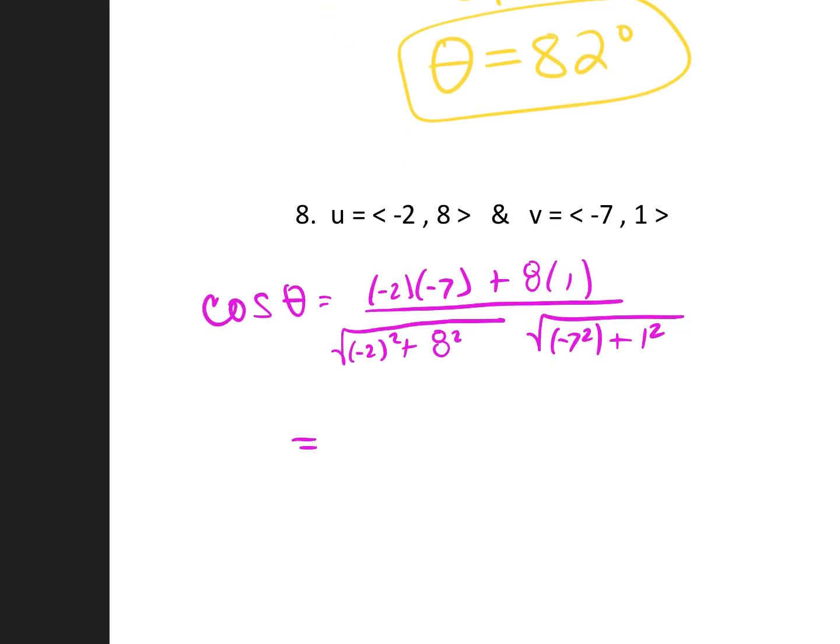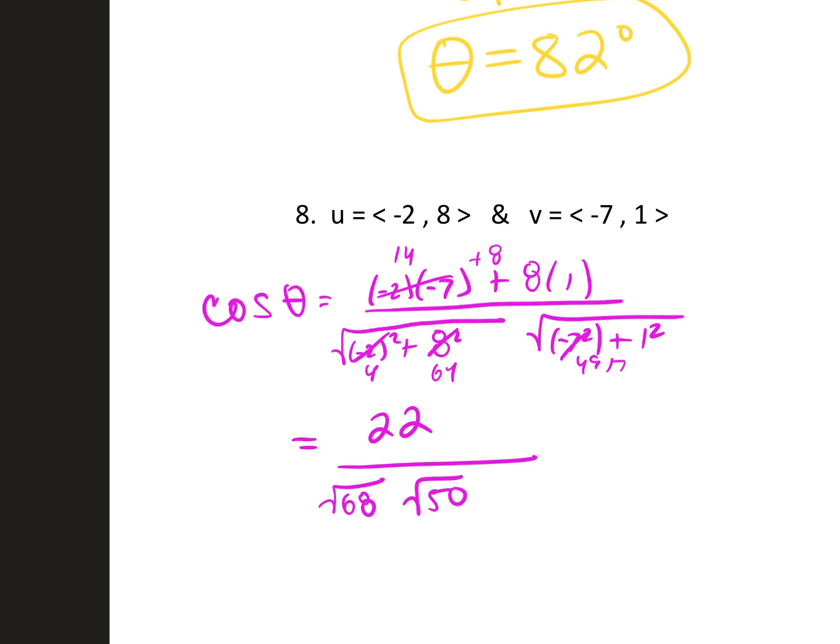So simplify a little bit. Negative 7, negative 2 is 14 plus 8 gives me 22. And then when I simplify here, I have 4 and 64. So I get what? Square root 68. And here I have 49 and 1, so square root 50.